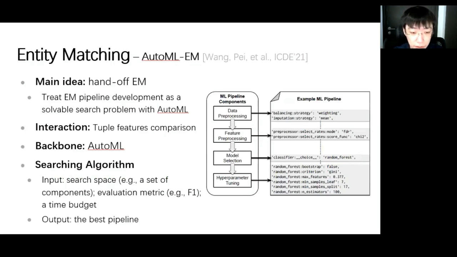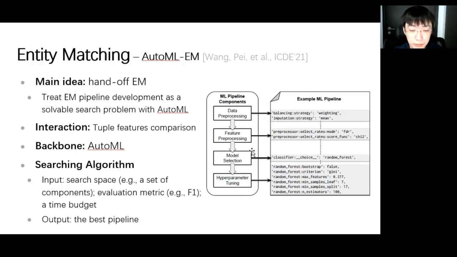Another interesting work is AutoML-EM, which aims to automatically build an EM pipeline for non-expert users. It relies on the backbone of AutoML, which takes as input a search space, for example, a set of components like data pre-processing, feature engineering, and model selection, to select an appropriate model family and also the hyperparameter settings.